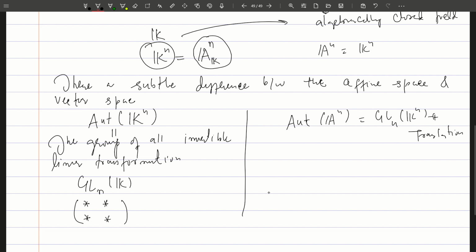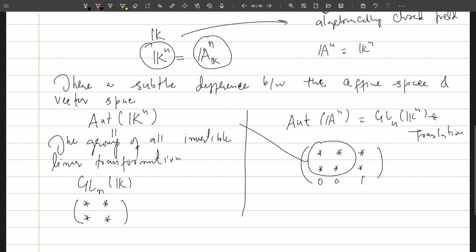So for n equal to 3, an element here would look like this. In this portion over here, this contains the automorphism group of Kn.